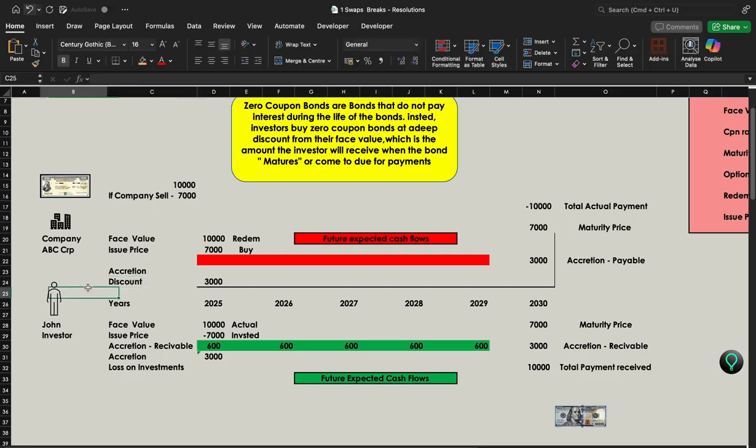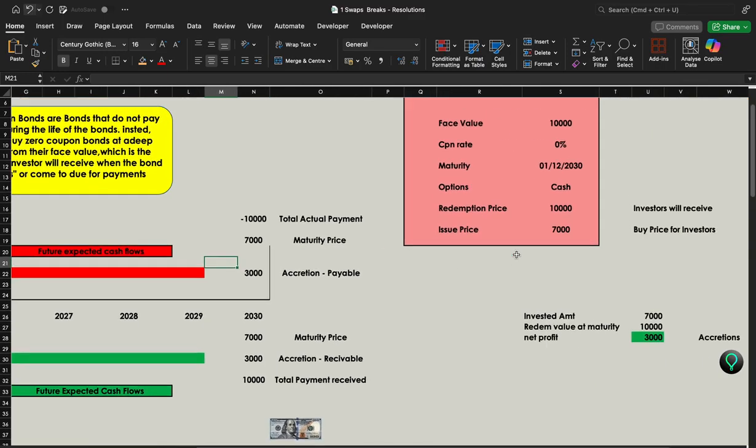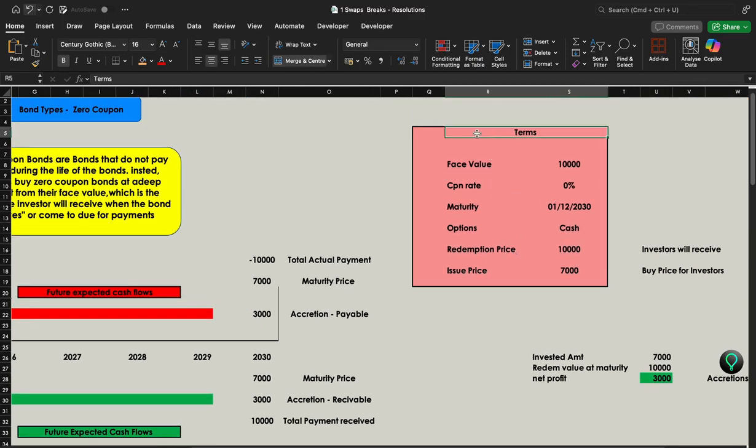Discount is an expense of the company. It's like an interest payment, and the same amount the investors will treat as a gain on the bond investment. Let's look at the bond investment terms.